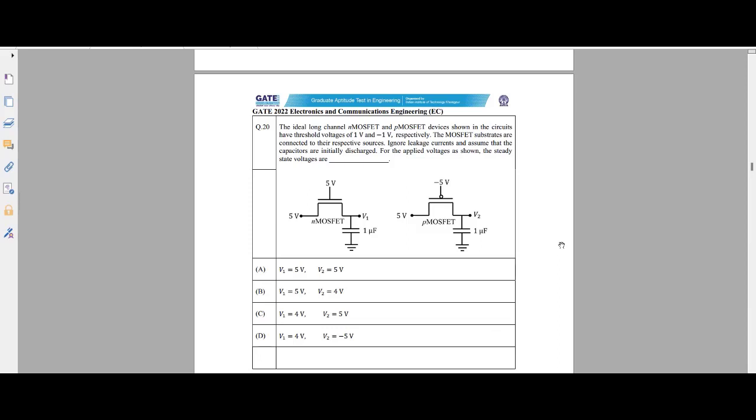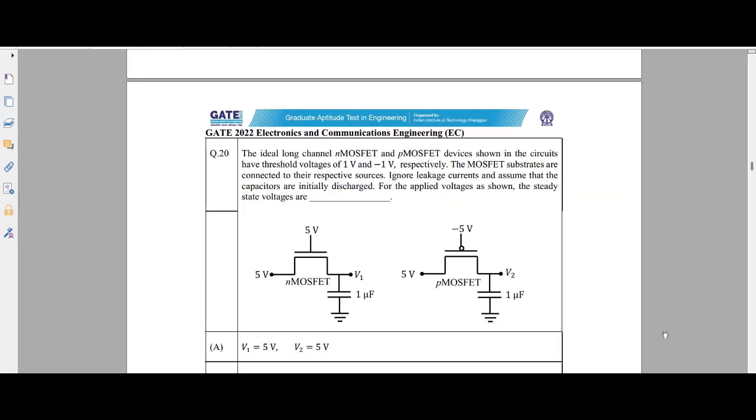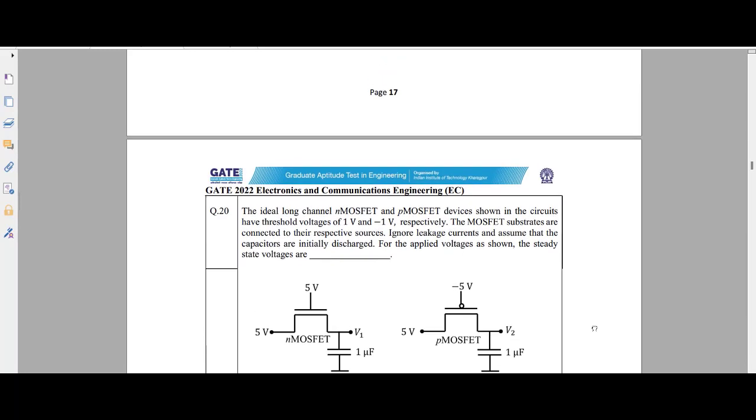So this is the question which was asked in GATE 2022. Should I zoom, or is it visible? I don't want you to see the answer options first, I just want you to see the question.